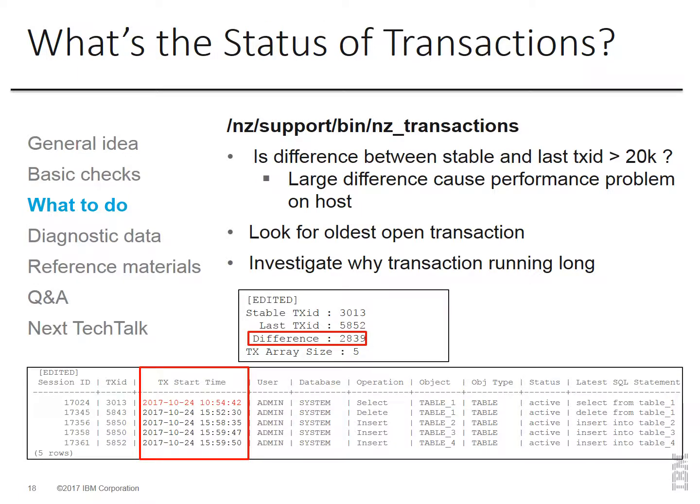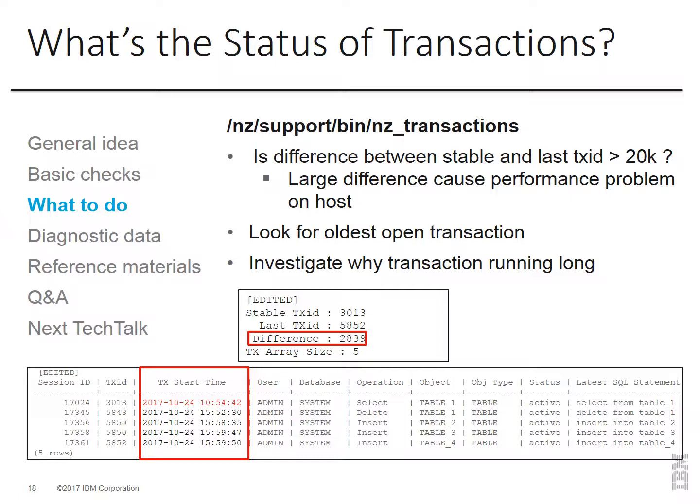Do you have a big difference between stable and last transaction IDs? Depending on the nature, it can cause a variety of problems, including slow processing at DBOS level, transactions taking a long time to commit, etc. Lots of internal operations such as groom, backup, and restore are based on the stable transaction ID.